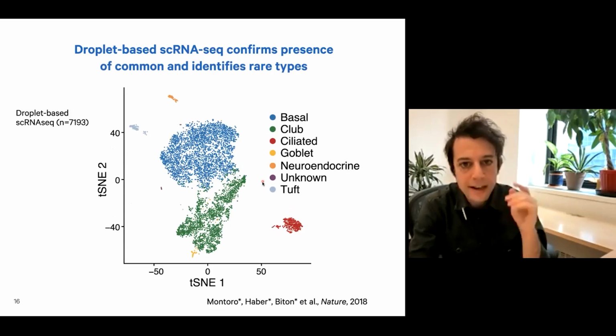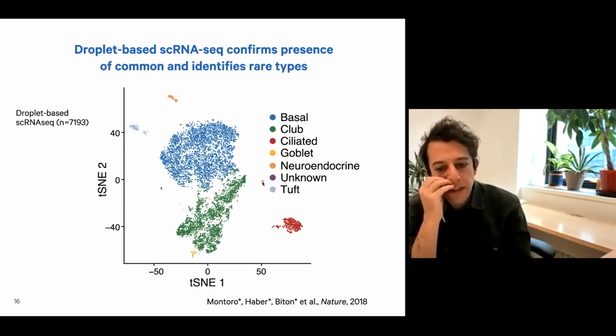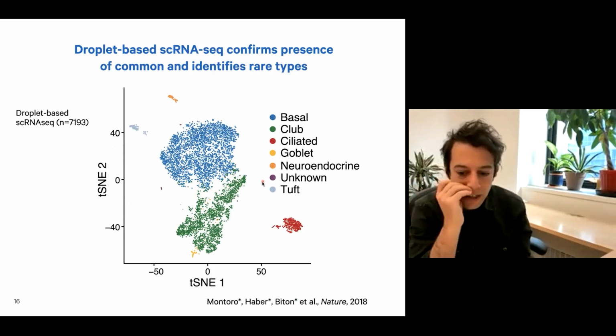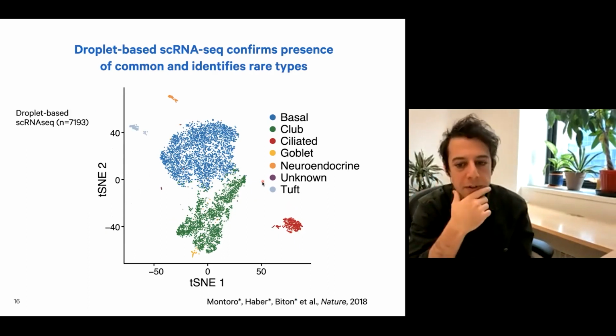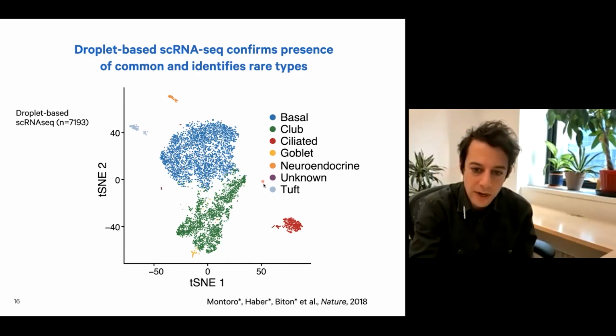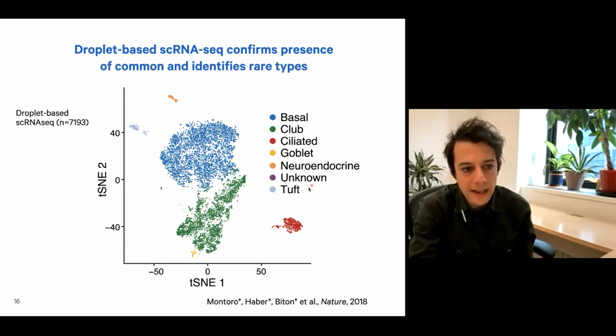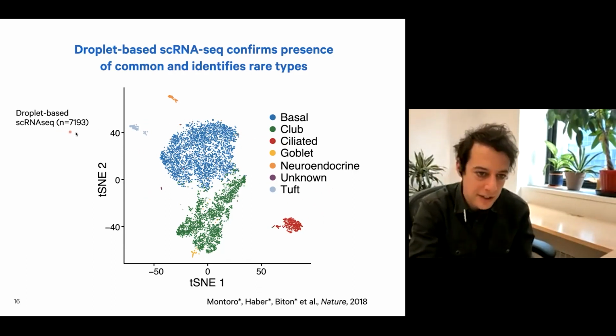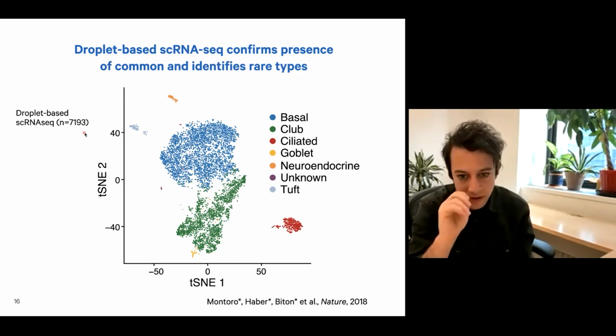So we then applied droplet-based single-cell-seq to the mouse trachea. This was a collaboration between Aviv Regev's group and Jay Rajagopal's group at MGH when I was a postdoc. And we mapped out, this time, 7,000 epithelial cells, so you can see the numbers are increasing as this technology matures.